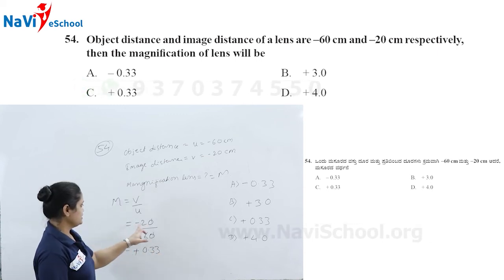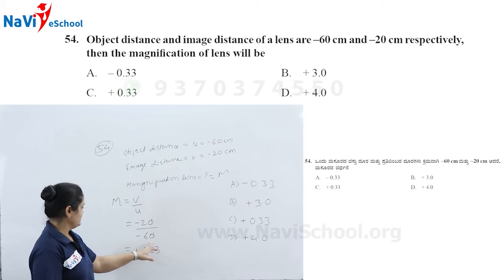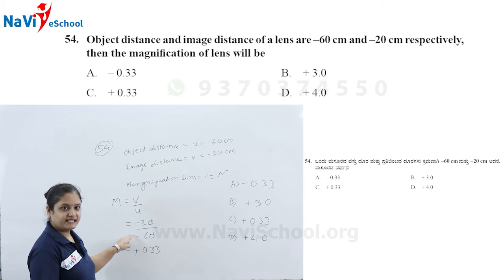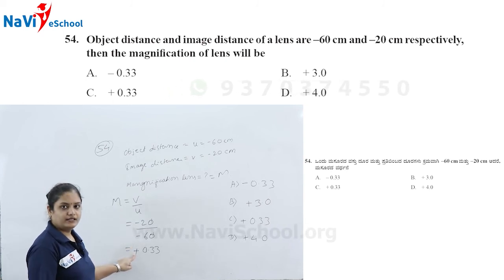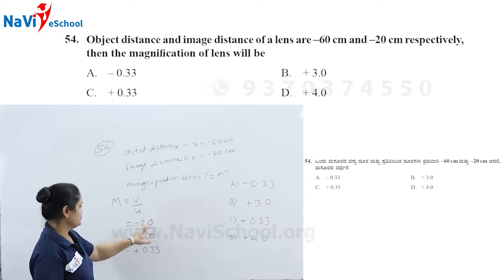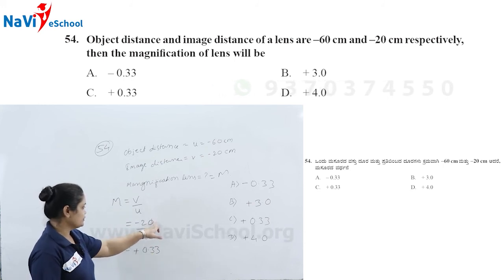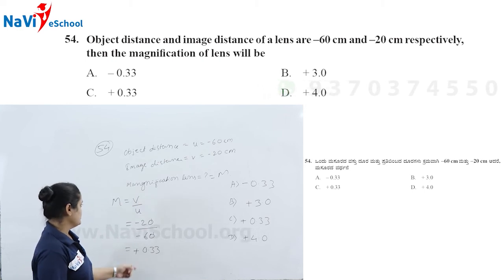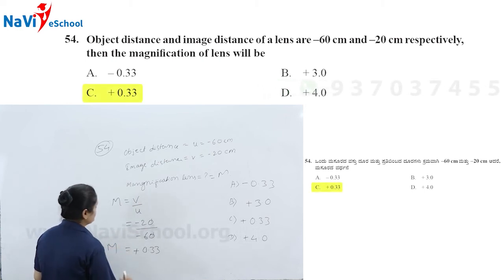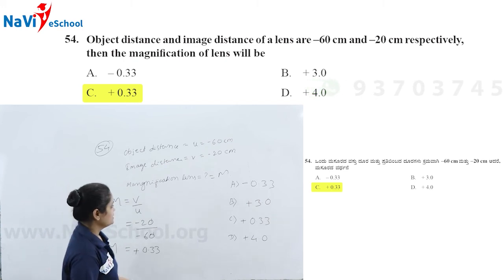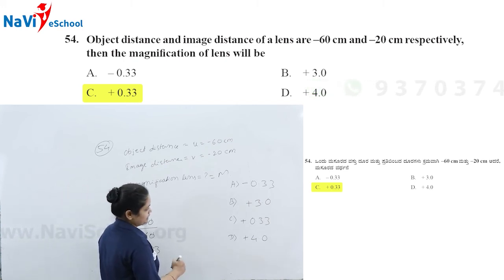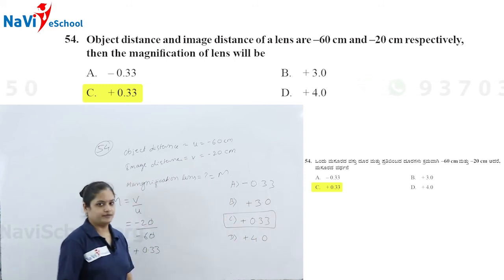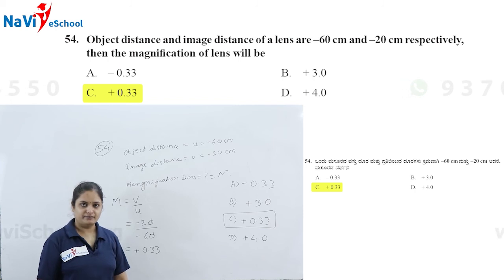Minus 20 divided by minus 60 gives plus 0.33, because minus minus cancel each other, and then 2 divided by 6, or 20 divided by 60, gives 0.33. So that is our magnification of the lens, 0.33, and option C is our answer. Got it, children, how it came?